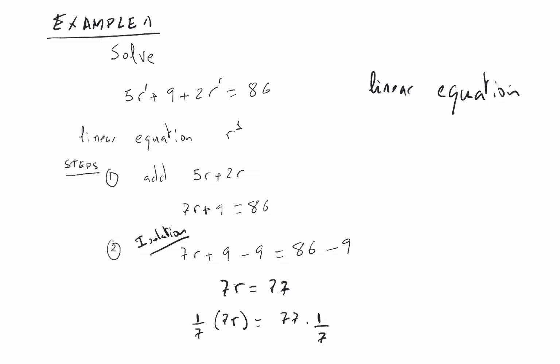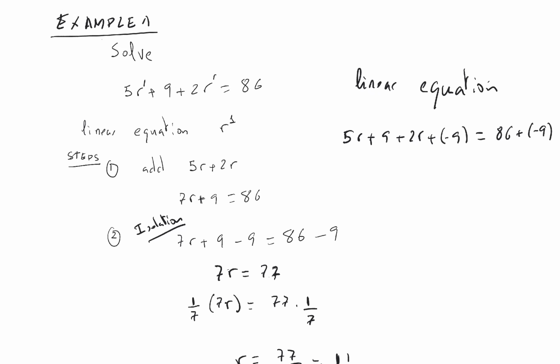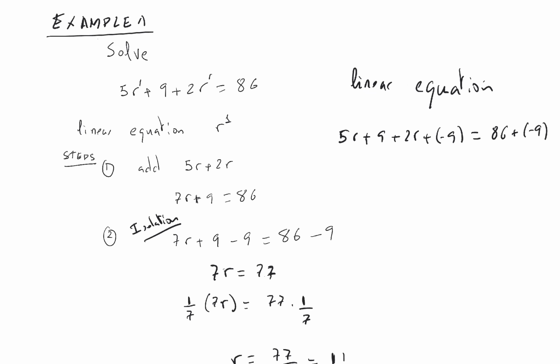So 5r plus 9 plus 2r plus minus 9 equal 86 plus minus 9. So what I have done is to add minus 9 to both sides of the equation.